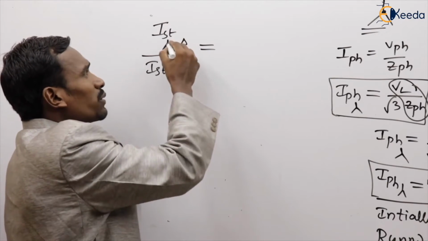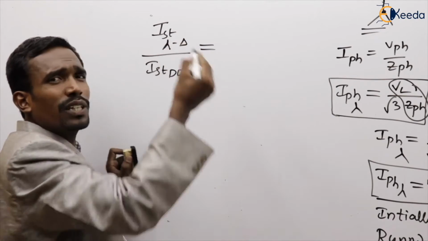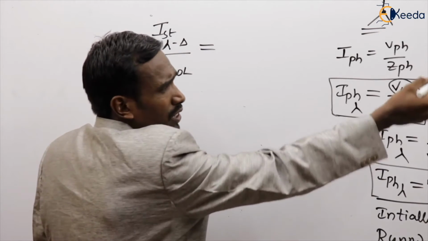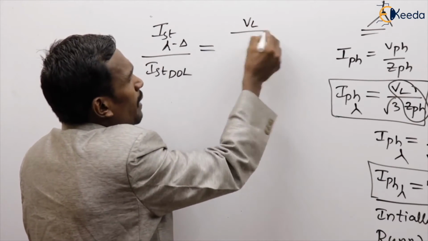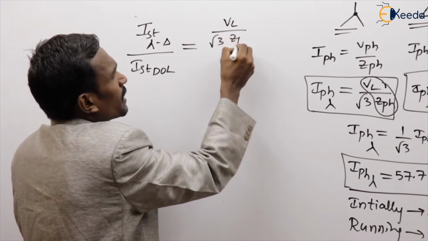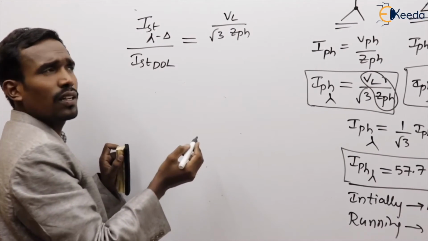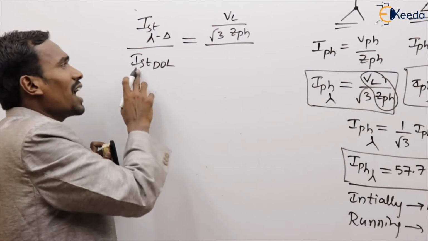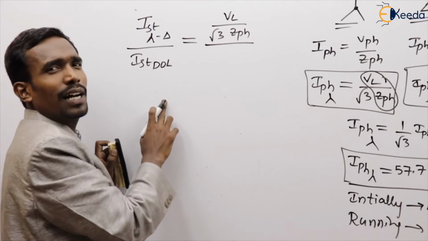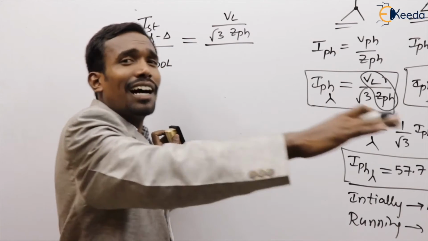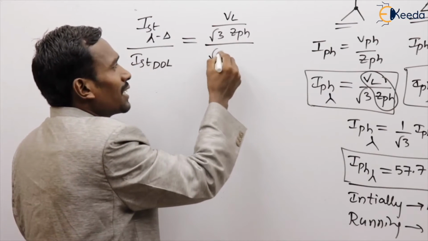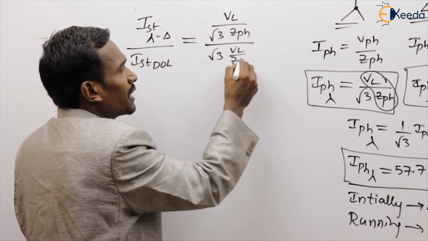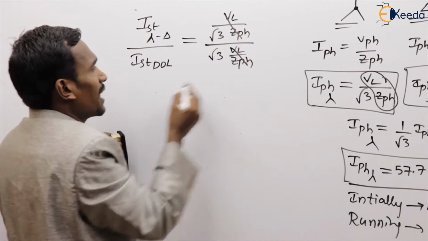What is the starting current in star? VL by root 3 into Z phase, divided by the starting current of DOL, which is nothing but the current in delta, root 3 into VL by Z phase. Again, these two cancel out.